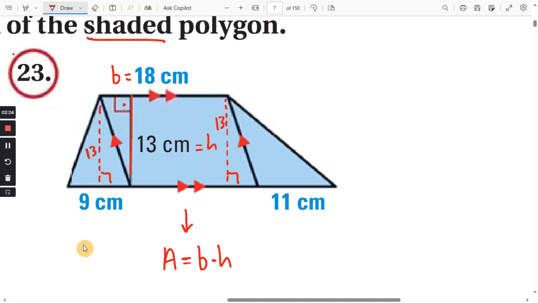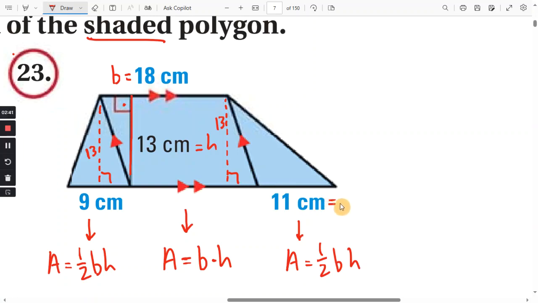So you do the parallelogram, and for the triangles on the end, we said before it's 1/2 base times height. This triangle here, same thing, 1/2 base times height. Okay, so that's the height, and this right here is going to be your base. That's the height, and this right here is going to be your base. You find all three, you add them up, and that is the area of the whole thing.